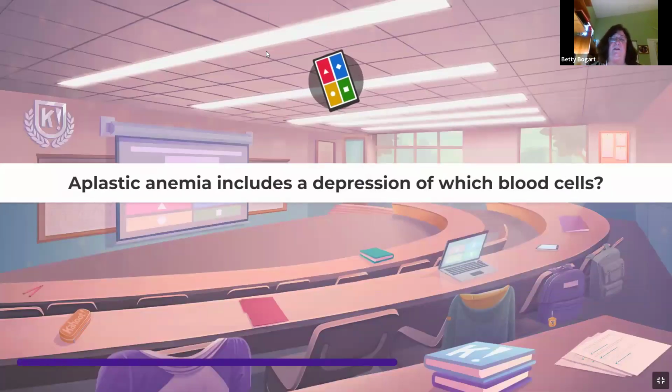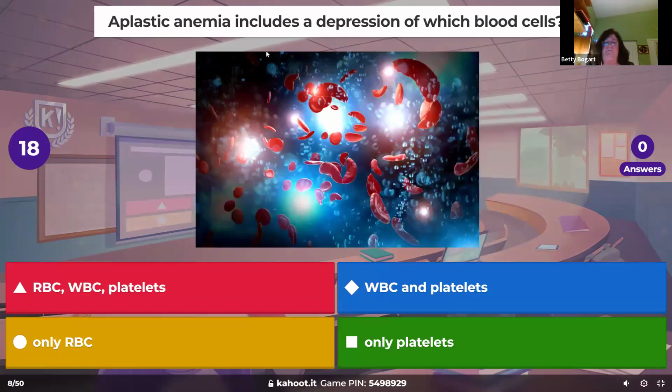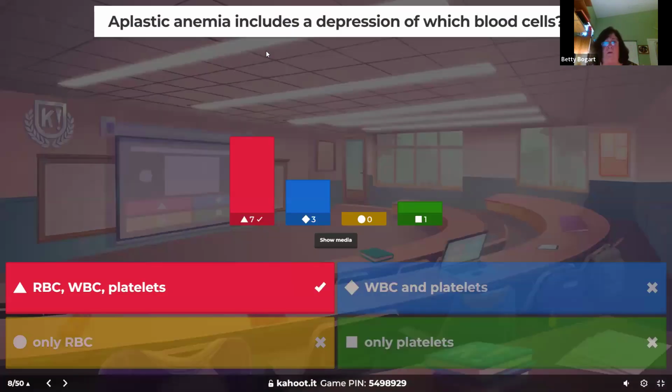Aplastic anemia includes a depression of which blood cells? I look at aplastic anemia and I think A is without. Stuff that causes anemia. And then I'm saying they're without a lot more.